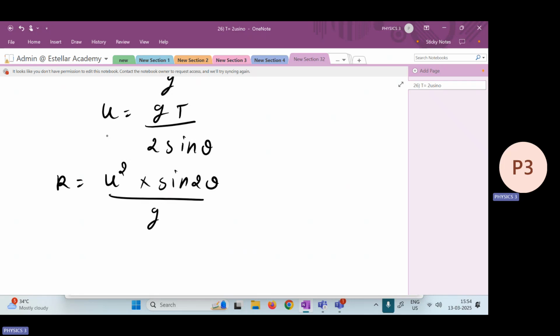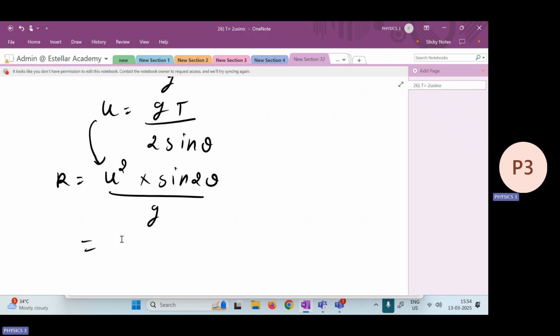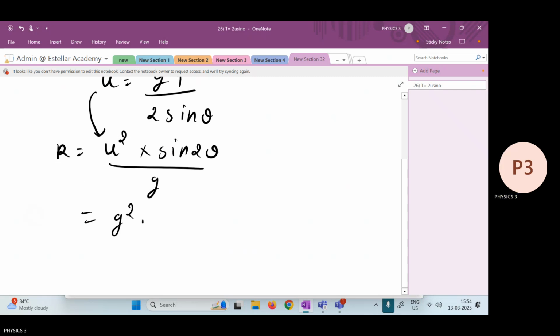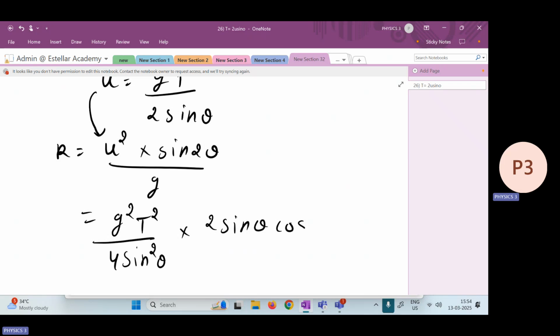So if we put the value of u from here, then this would be g square t square upon 4 sin square theta into, in place of sin 2 theta we can put 2 sin theta cos theta upon g. So this got cancelled out. This will get cancelled out. This g got cancelled out.